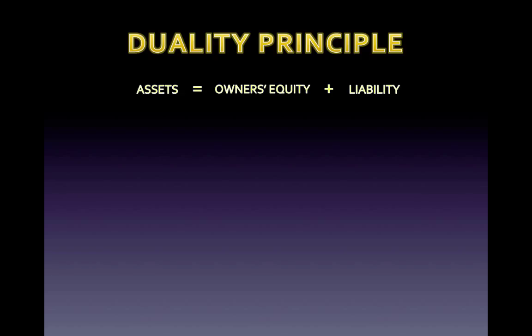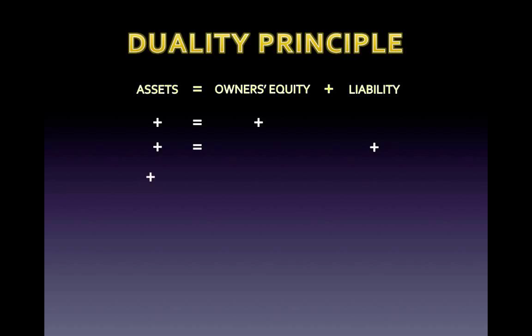So mathematically, if you want that to be equal, if you add an item of asset, then you must either add an item of equity so that it is balanced, or you add an item of liability to make it balanced. So each transaction must have two effects on any of the three elements of the accounting equation.